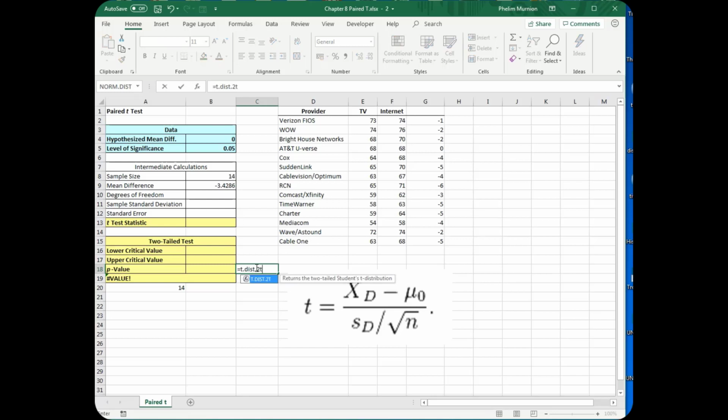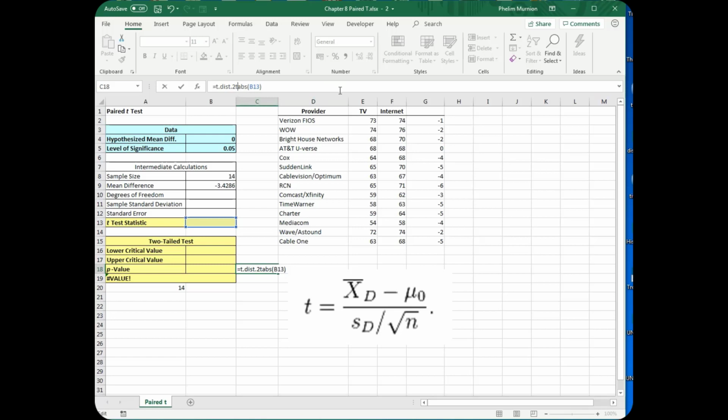There is a one-tailed version as well, and it takes the t-statistic. Now what they do is put absolute in here to make sure you don't get a negative figure, because the t-statistic can be a minus figure because internet's lower or higher than TV, and all you want for this is the absolute value.